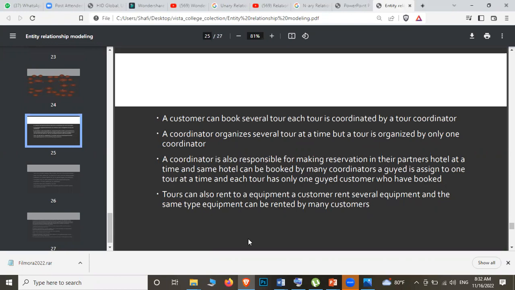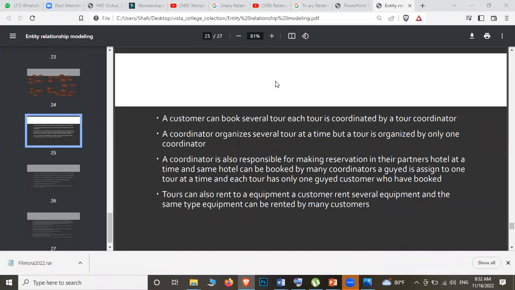A coordinator is also responsible for making reservations in their partners' hotels at a time, and the same hotel can be booked by many coordinators.